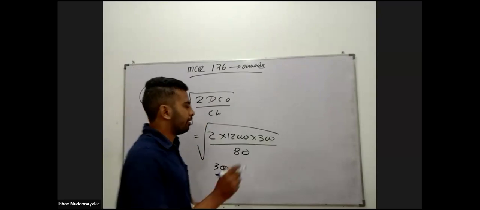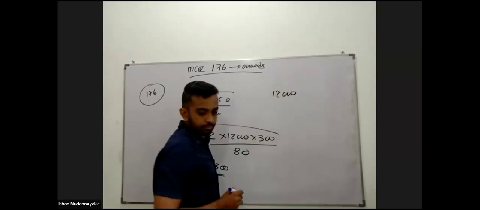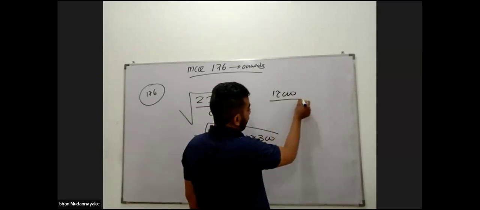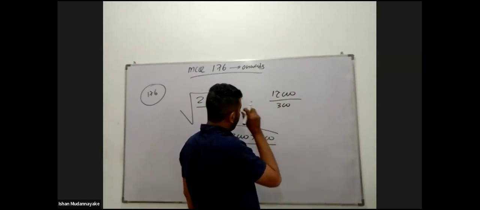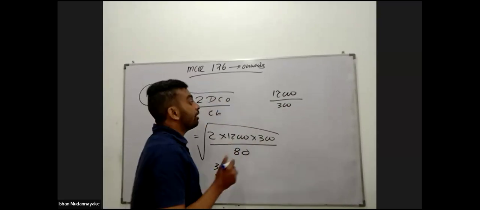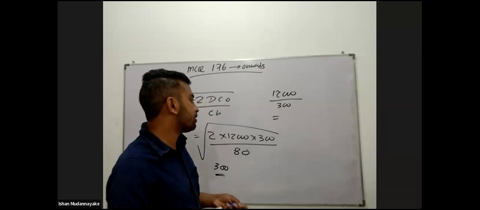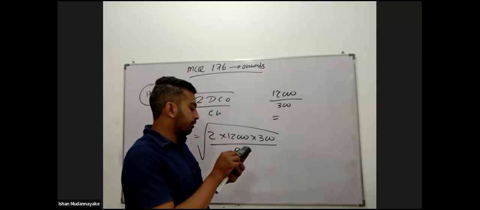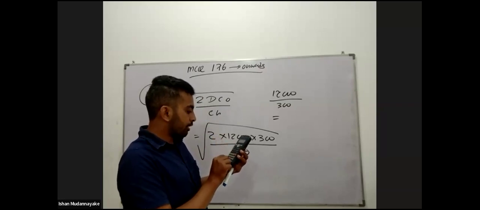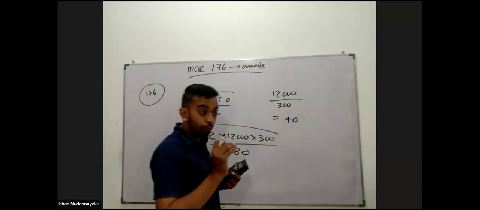Economic order quantity 300. Total annual demand is 12,000 units. Annual demand divided by 300 per order: the number of orders the business needs to place for the year is 12,000 divided by 300, which is 40 orders.